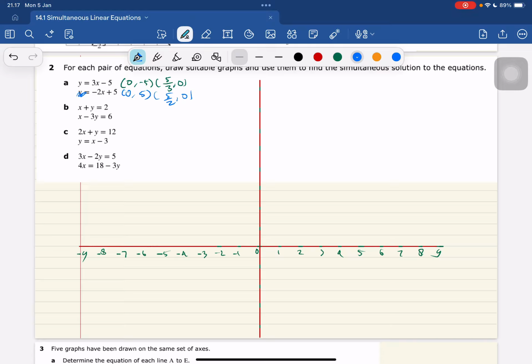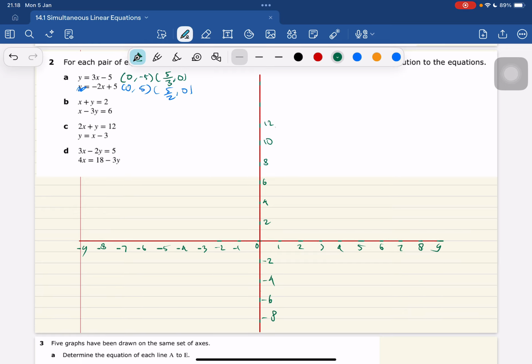Make it 5 on the y. So let us count in 2s. So this is minus 2, minus 4, minus 6, and minus 8. So this is 2, 4, 6, 8, 10, 12. So the first point, we got (0, -5), approximately here.